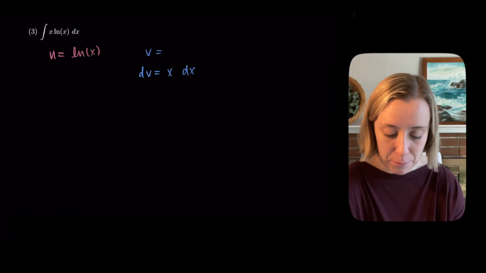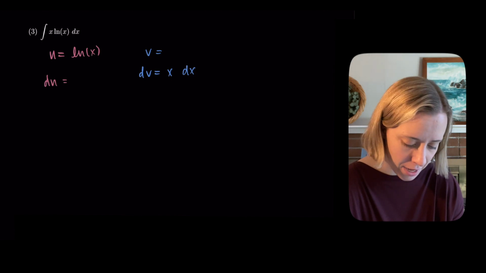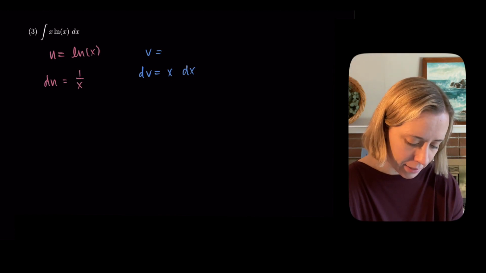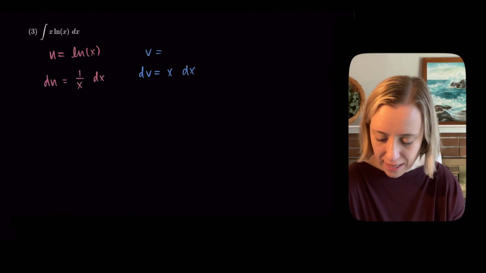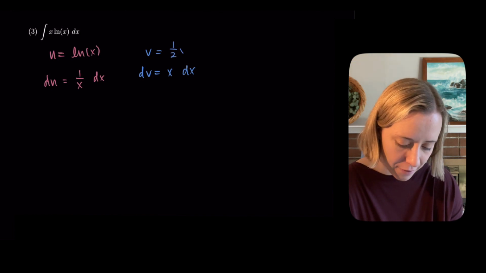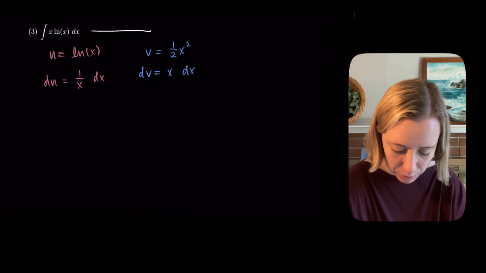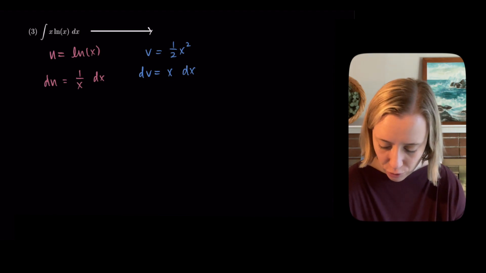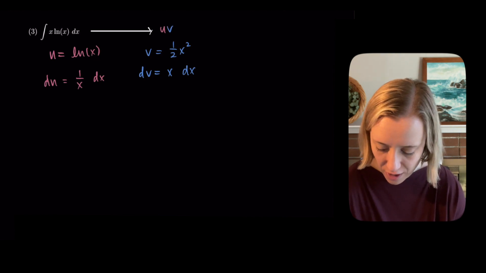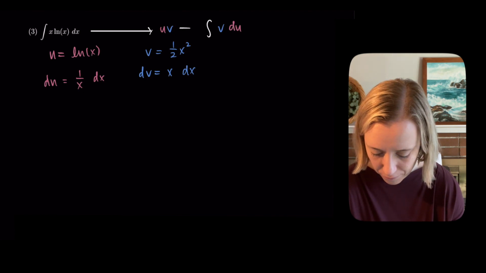Now from here, I compute du and v. All right, so the derivative of natural log is 1 over x dx. And then we're taking the antiderivative of x dx, and we're just gonna get 1/2 x squared. Okay, so using these as our substitution, we are now going to rewrite this as uv minus the integral of v du.